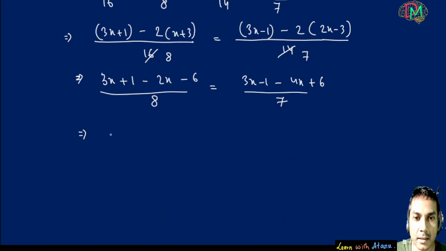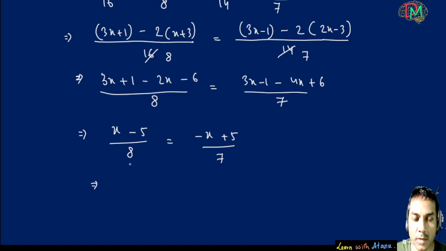This implies that 3x minus 2x is equal to x, and that is the 5, and here it is 8. On the right hand side, 3x minus 4x is equal to minus x, and here also plus 5, and here it is 7.